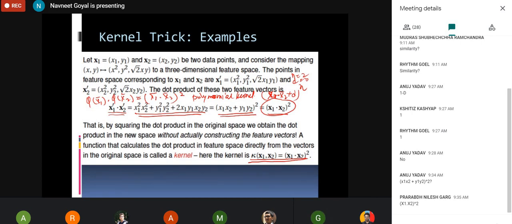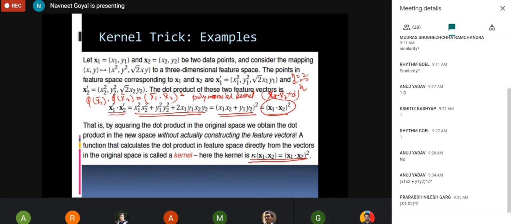Hello, sir. So what's the purpose of finding similarity here? What purpose does it serve in whatever analysis we are doing? So similarity, as I told you, if you look at the dual formulation of SVM, this x1 dot x2 was coming, right? So we are trying to do this in the context of SVM.